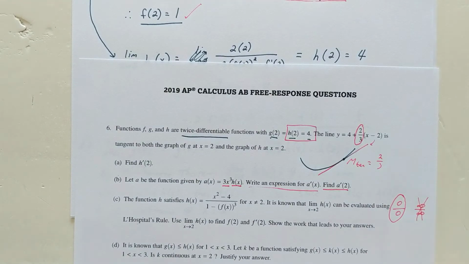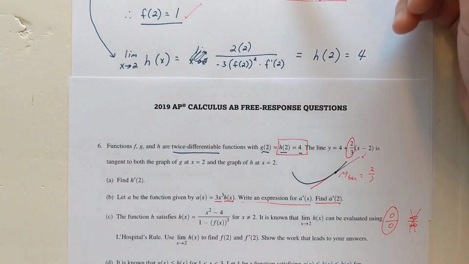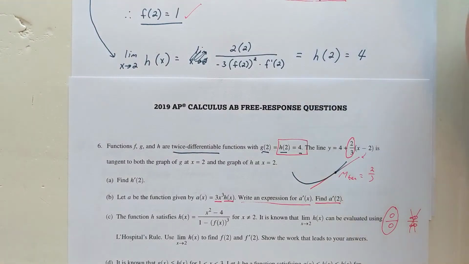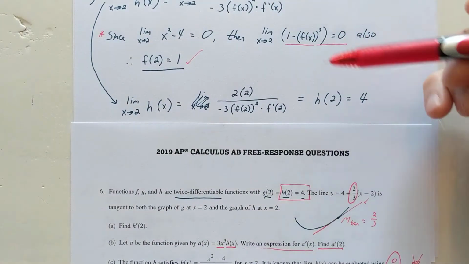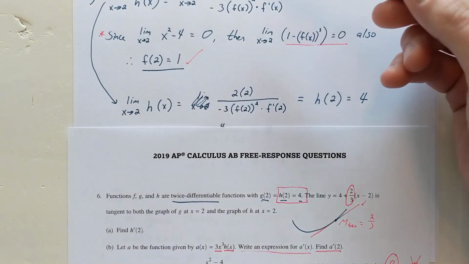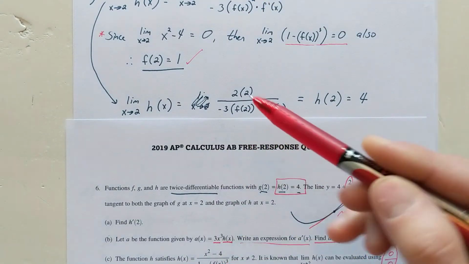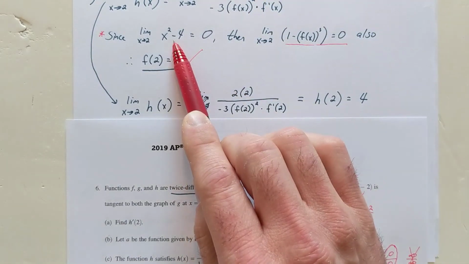To figure that one out, I needed to take my L'Hopital's expression that I started early right up here on the top. Oops, sorry, you can't see that one there. This expression right here is where we applied L'Hopital's. I got the 2x by taking the derivative of the numerator, which was the x squared minus 4.